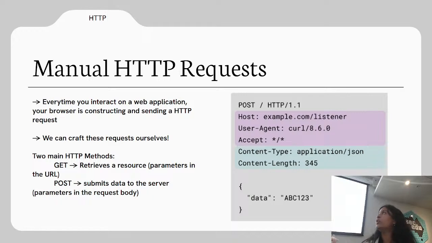When you open a website, you can see that it has the parameters in the URL. Whereas for POST, when you submit data to the server, the parameters are going to be in the request body. POST is mostly used for login forms or any similar form that requires you to submit something to the server to update the server's data. That's just the standard form structure for an HTTP request.